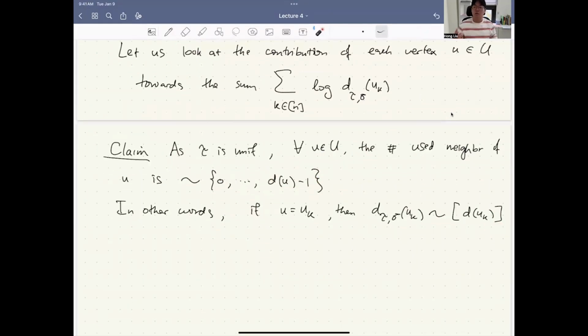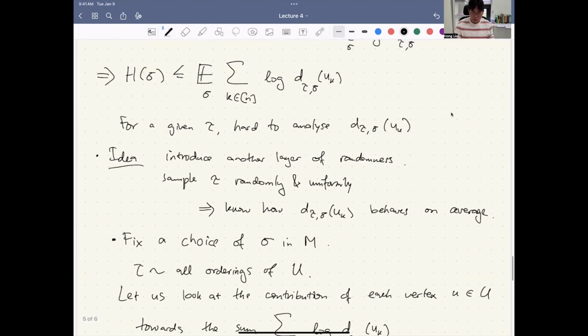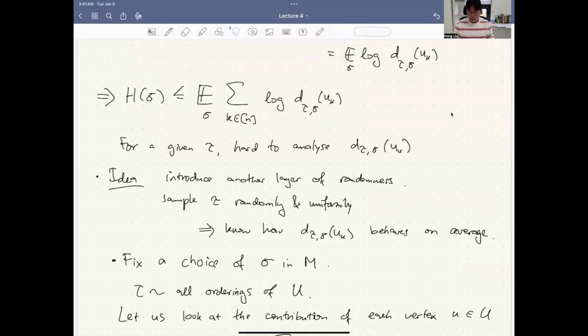Let's first see how this claim finishes the proof. Assume this is true. The claim implies the theorem. This is because this is the contribution, and this is true for any sigma. We fixed an arbitrary choice of sigma.